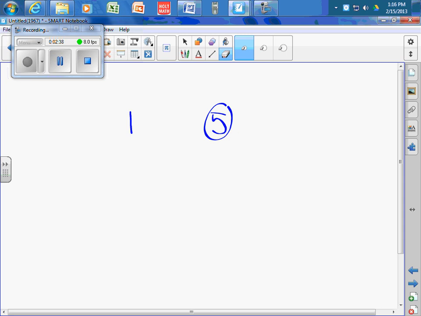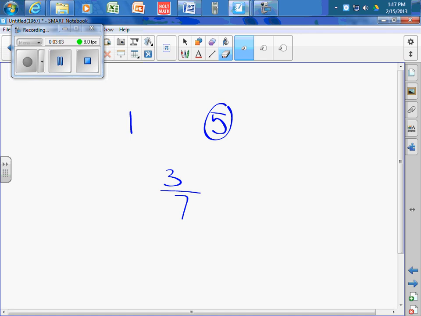So, for example, how about we have 3x over 7? Well, the coefficient is 3/7. How do I know? I take out the x. Whatever's left over, that's your coefficient. So in this case, it's 3/7.